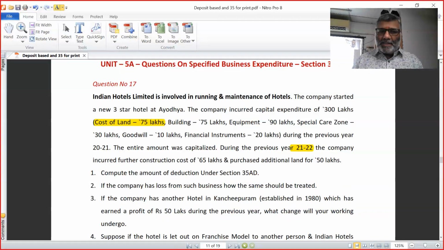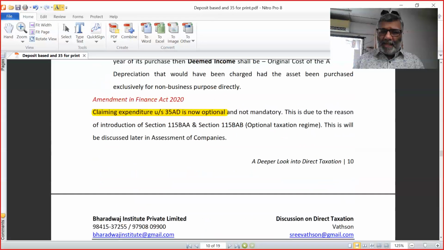So this is 35 AD, the second branch of 35. But this is very important. We will continue to see a lot of questions on 35 AD in assessment of firm, individual and companies, because of how it changes when it goes to 115 JB or 115 BAC, where you cannot claim this expenditure.